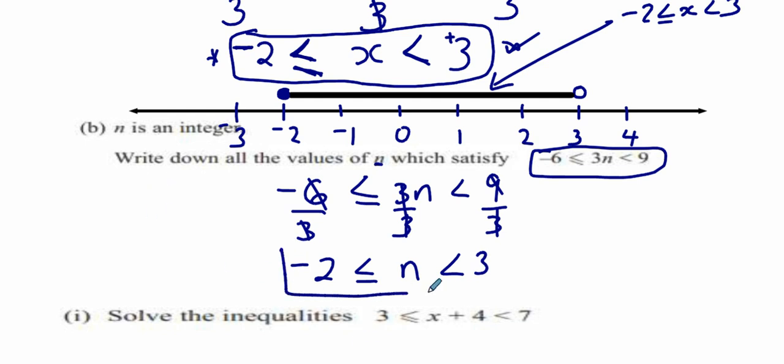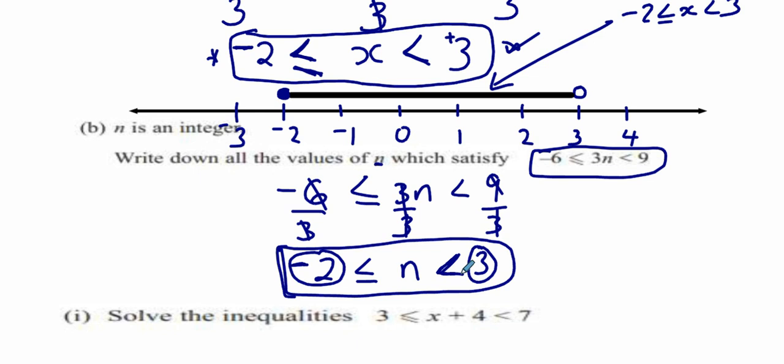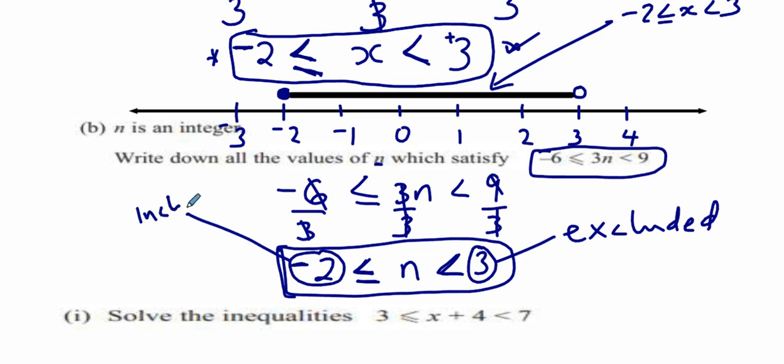This suggests that, because n is an integer, the values of n will be all the numbers between negative 2 and 3. But can you notice that this is less than 3? So that means 3 will be excluded. Can you notice this is less than or equal to? That means negative 2 will be included in the list.